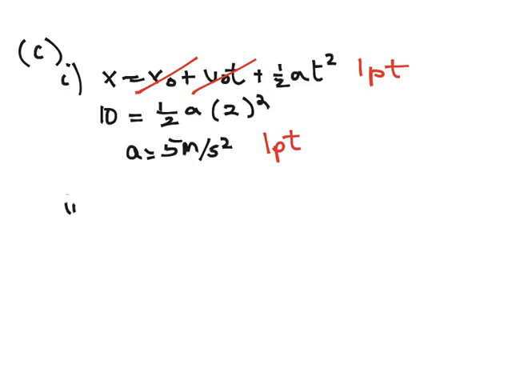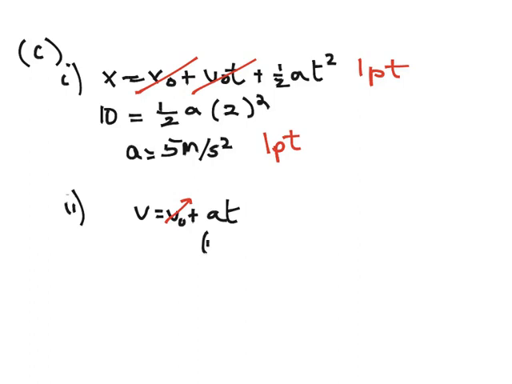So in C part 2, it asks you to find the sprinter's velocity after 2 seconds. So you can use v equals v naught plus a t. You know that v naught is 0.